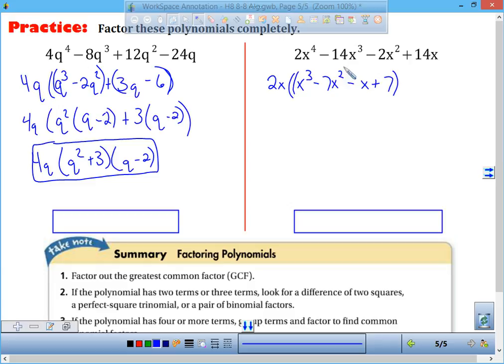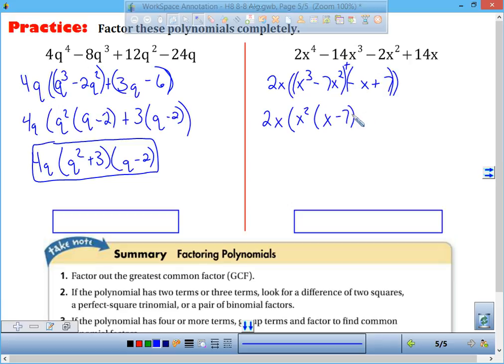And then I break them into two groups, the first part and then the second part. So now I have the 2x that tags along. And GCF of my first group is going to be just x squared. Okay. And then what do I have left? Well, I have x and then minus 7.